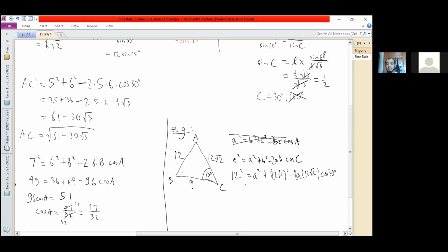So you can substitute everything, expand everything, simplify. 12 squared times 2, so 288. And cosine 30 is 1/2 square root of 3, so minus 12A square root of 6, because square root of 2 times square root of 3.